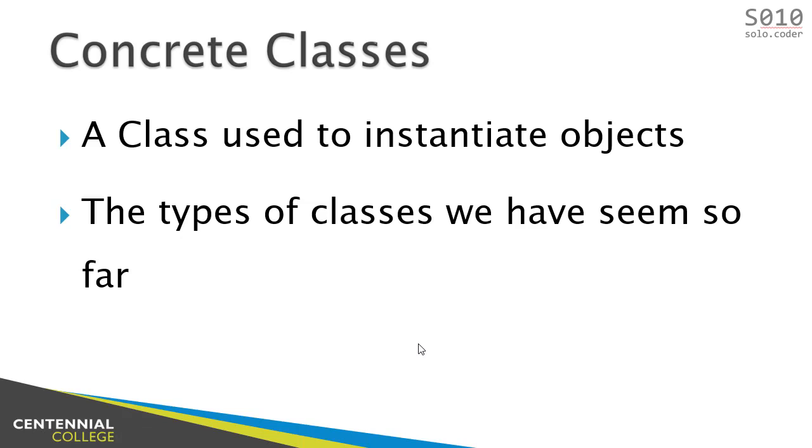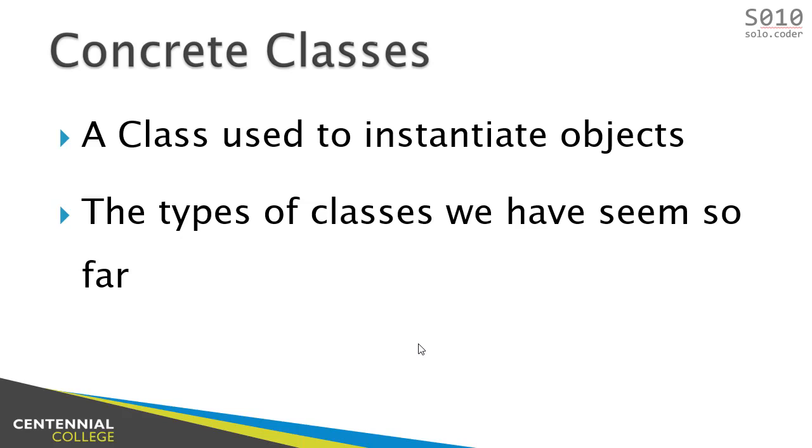if I ask you, have you ever created a concrete class? What would you answer? Yes, no, maybe. Have you ever created another type of class? All classes that we have created so far in this course, they are all concrete.